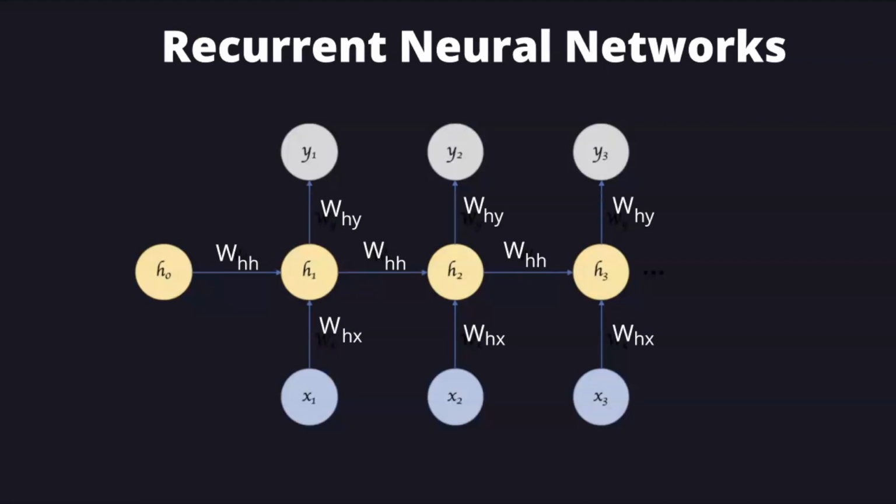In RNNs, at each timestamp, there are two inputs to the hidden layer: the input at the timestamp, xt, and the output of the previous timestamp. The same weights WHH, WHX and WHY are applied repeatedly at each timestamp.